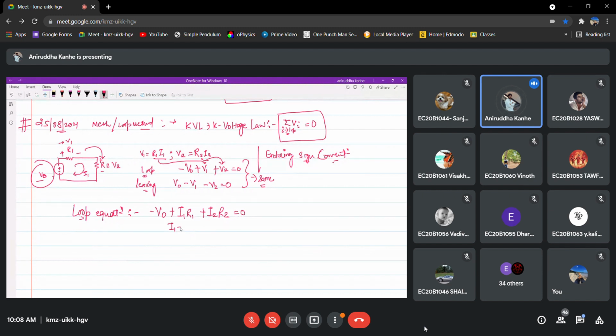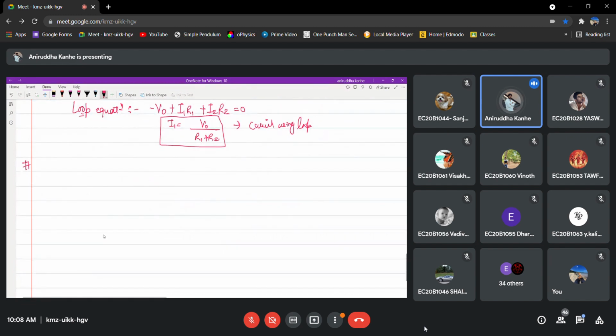Now the current I1 can be identified as V0 divided by R1 plus R2. So this is how one can write the current using a loop.